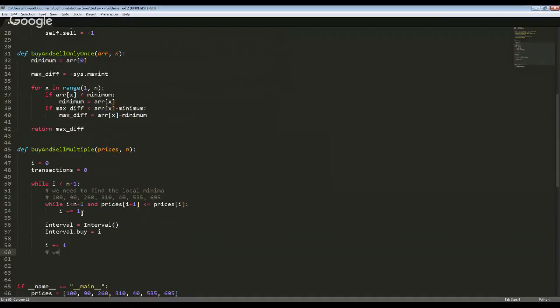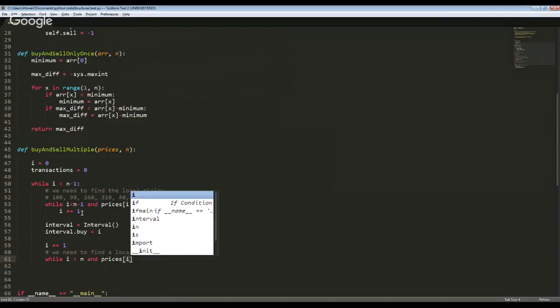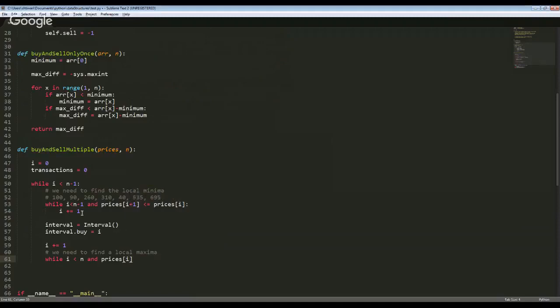And then we need to find the local maxima, right? So we can have something like while i is less than n, and prices of the current element should be just greater than the previous one, right?